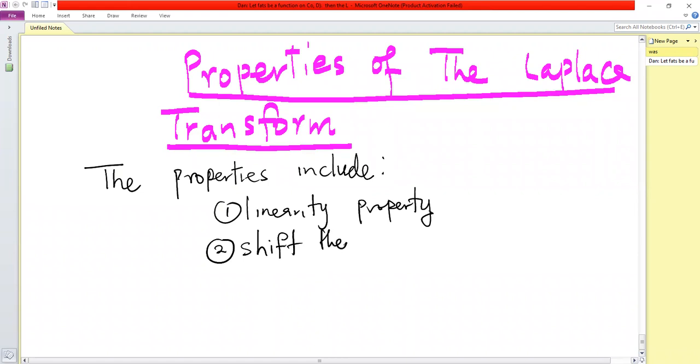And then number three, we have what we call the final value theorem. So majorly, the discussion of these three properties is because of their significance in helping us reduce the problem of finding Laplace transforms of difficult functions.